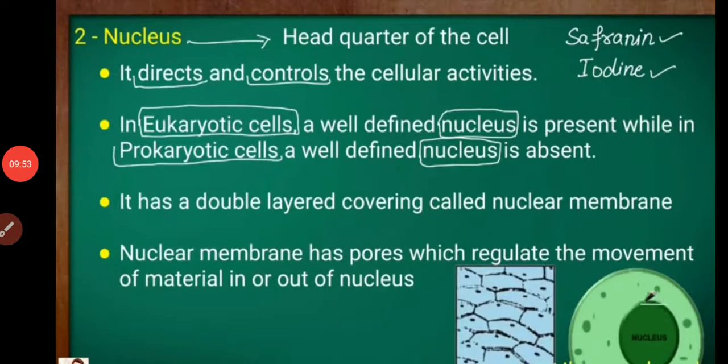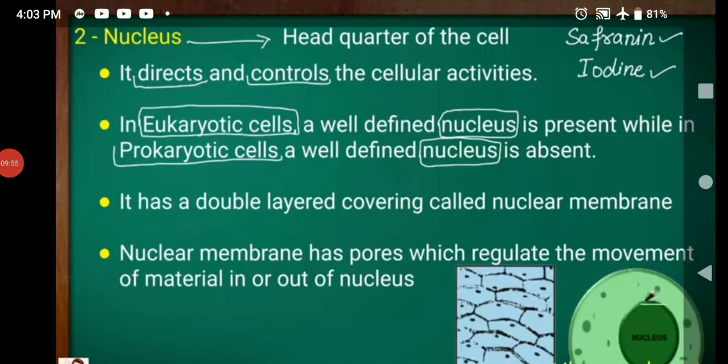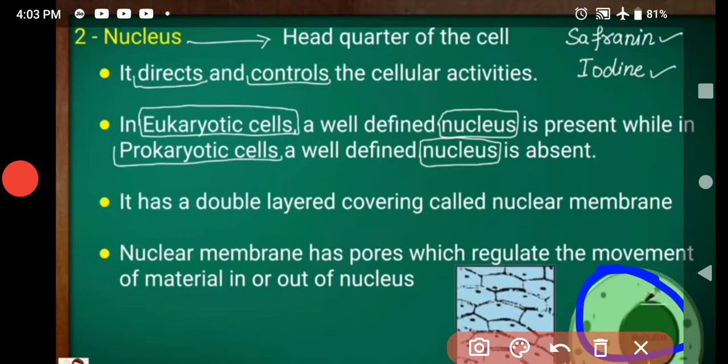Now see, this is the nucleus. And nucleus is called the headquarter of the cell. It is very important for the cell. It directs and controls all the cellular activities. Eukaryotic cells have well-defined nucleus, and in prokaryotic cell they don't have well-defined nucleus.